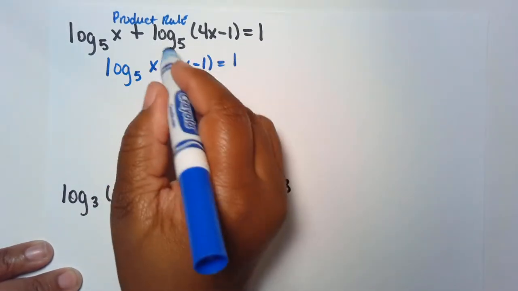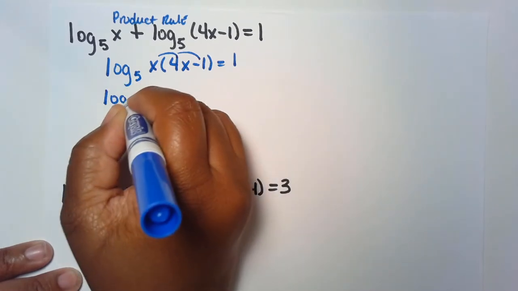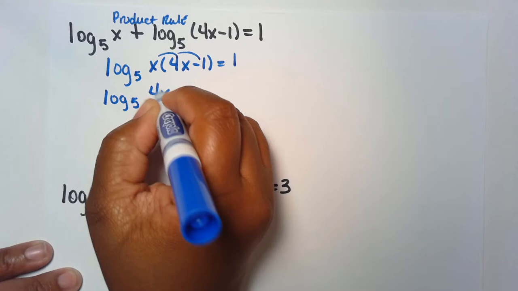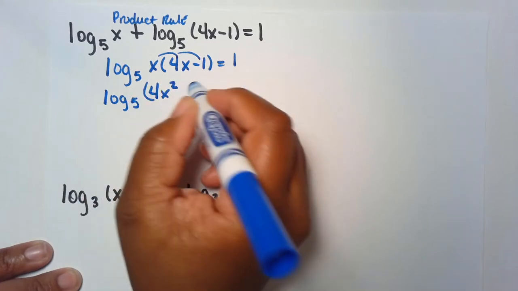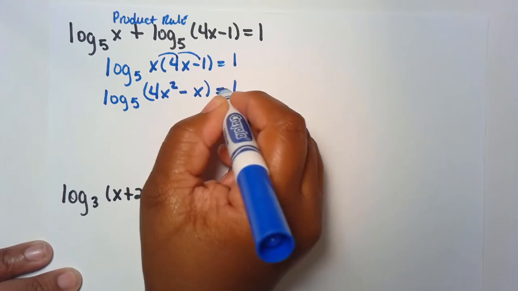Now if you want to, we can go ahead and distribute that x to the 4x and 1. We have log base 5 of 4x squared minus x equals 1.